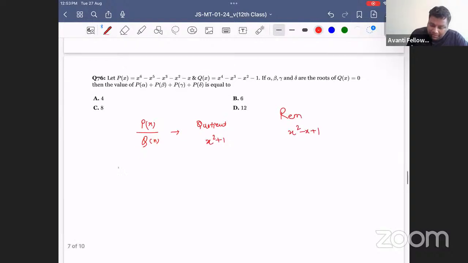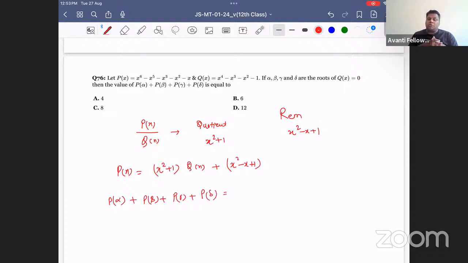That means p(x) can be written as (x square plus 1) into q(x) plus x square minus x plus 1. Am I correct? So now if you do p(alpha) plus p(beta) plus p(gamma) plus p(delta).